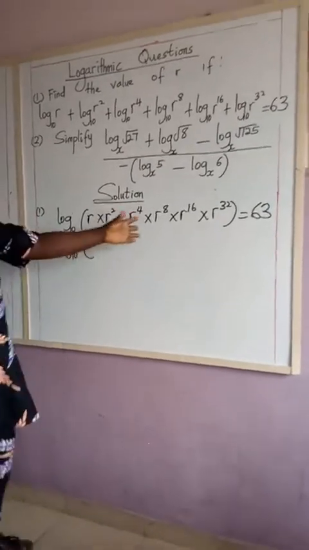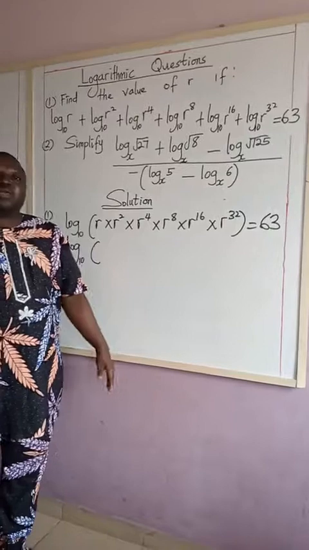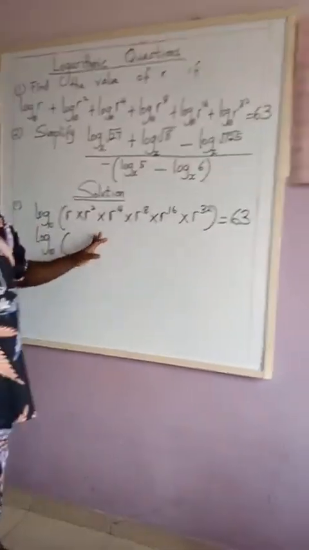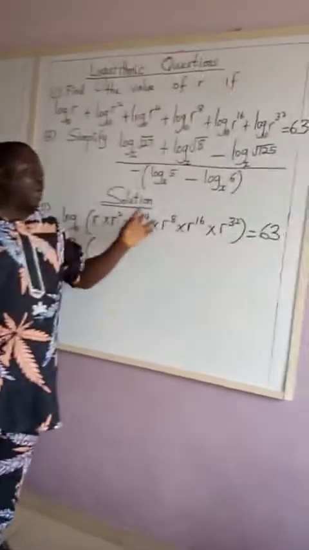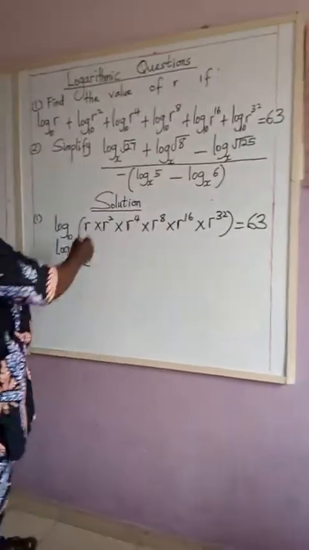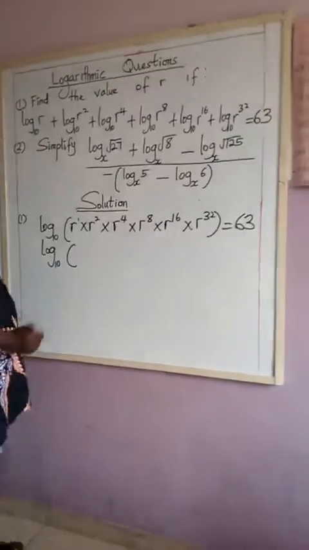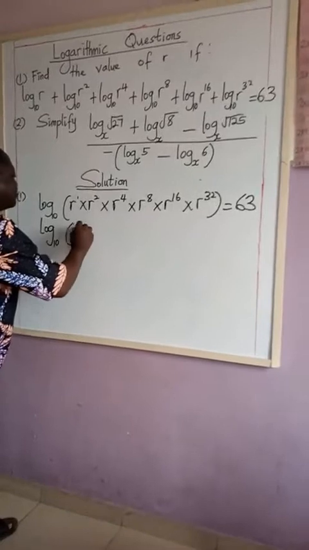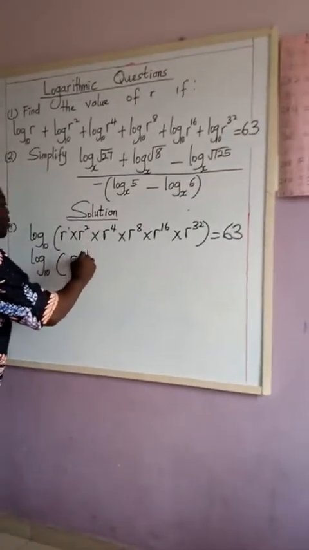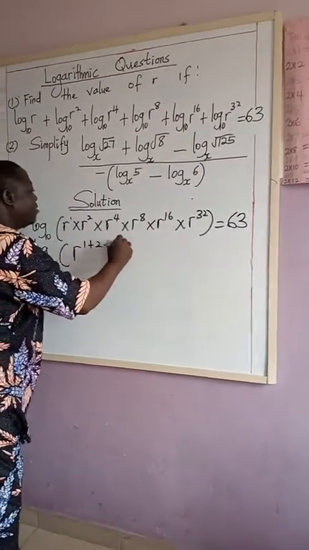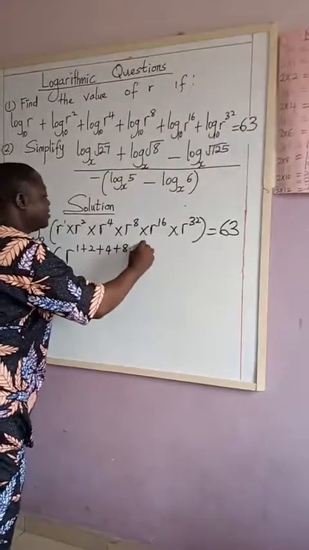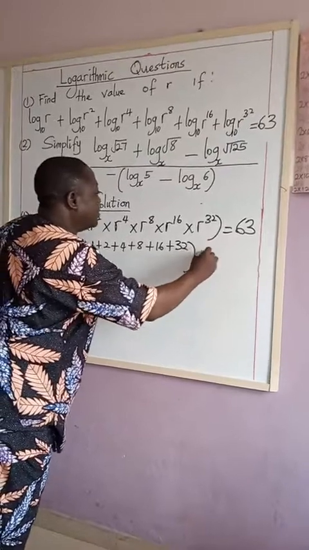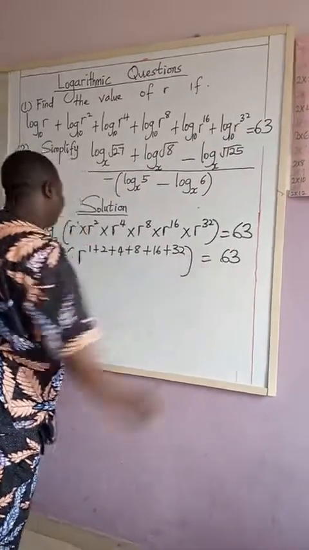Now these numbers are indices. And according to the law of indices, when we are multiplying indices of the same base, we are going to add their powers. So the power of r here is 1. Then this multiplication becomes r raised to power 1 plus 2 plus 4 plus 8 plus 16 plus 32, and the whole expression is equal to 63.